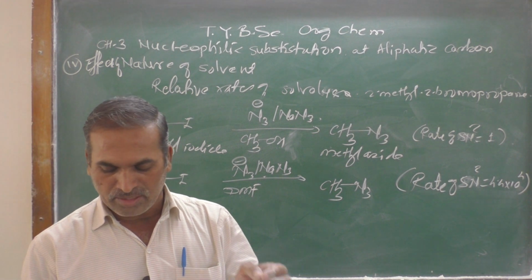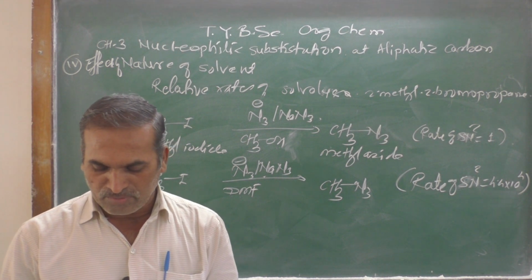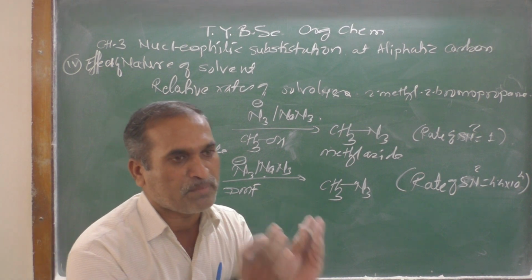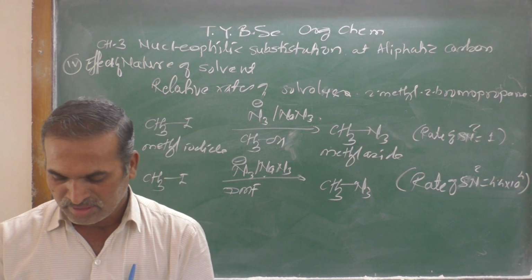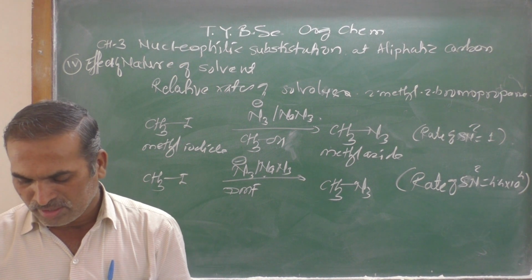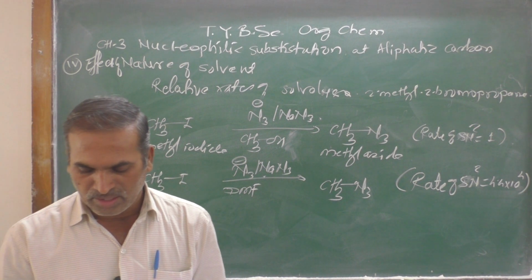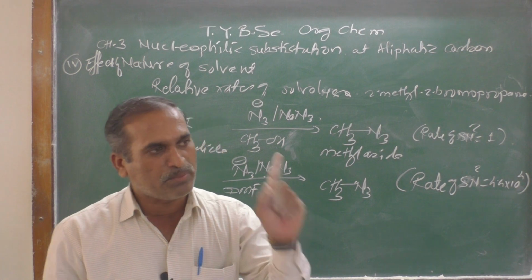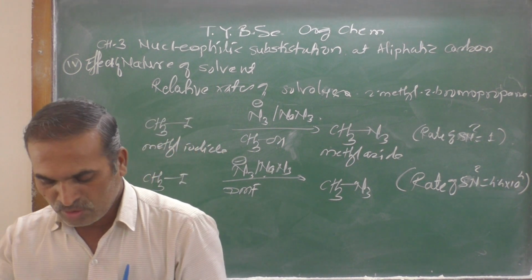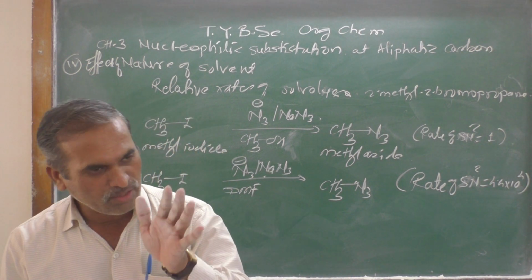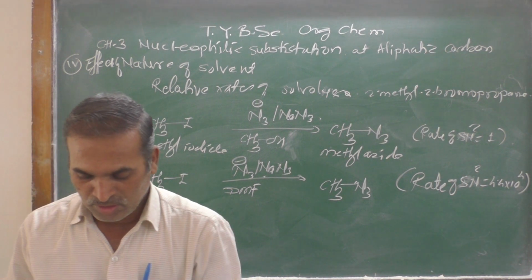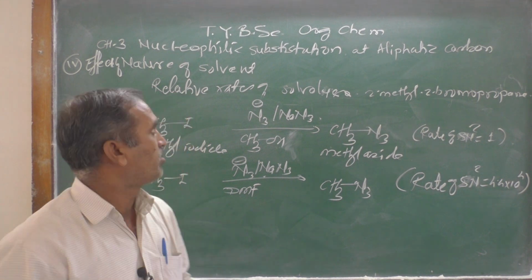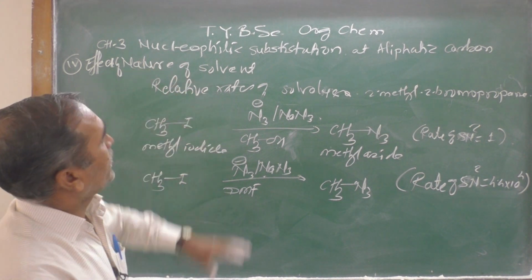A highly polar and protic solvent will shift the mechanism from SN2 to SN1, and a highly polar but aprotic solvent will change the mechanism from SN1 to SN2. So this is all about the effect of nature of solvent.